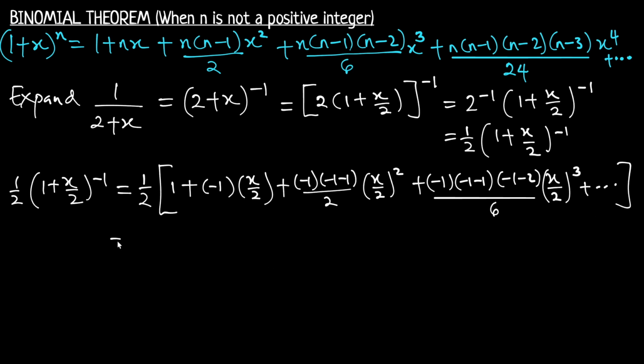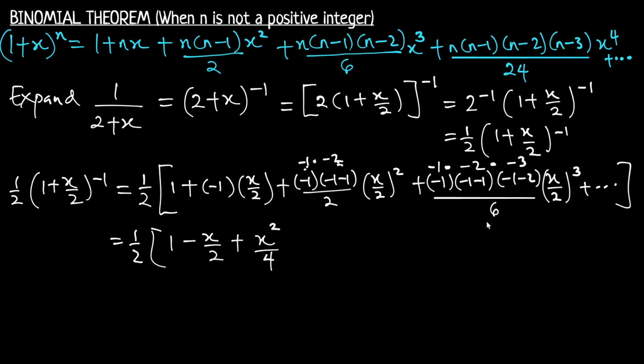Now this is going to be equal to half, then we have 1 minus x over 2. Now let's come here. This is negative 1 and this is negative 2. When you multiply, you have positive 2 divided by 2, that is 1. So we have plus x squared over 4. Now let's come here. Negative 1 times negative 2 times negative 3, so all of this will give us negative 6.